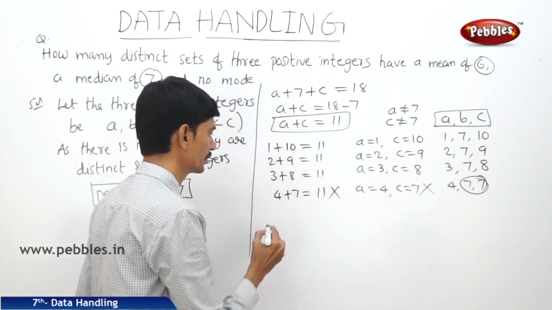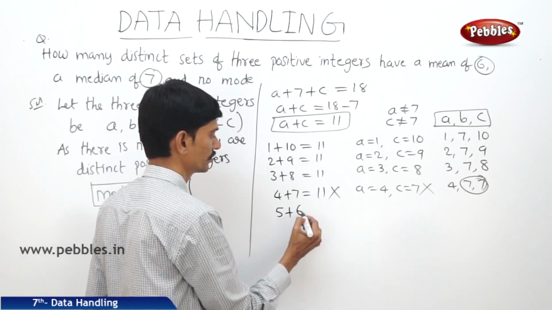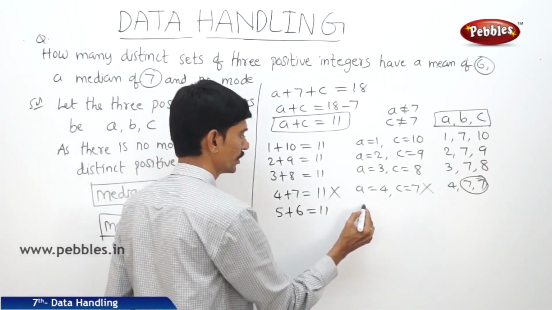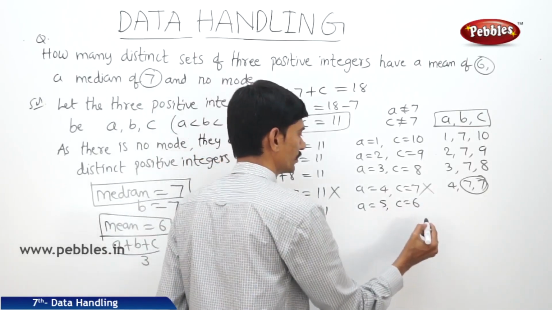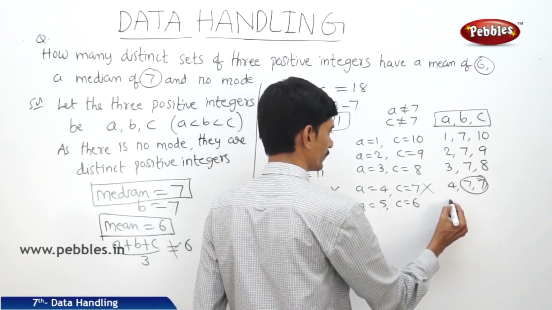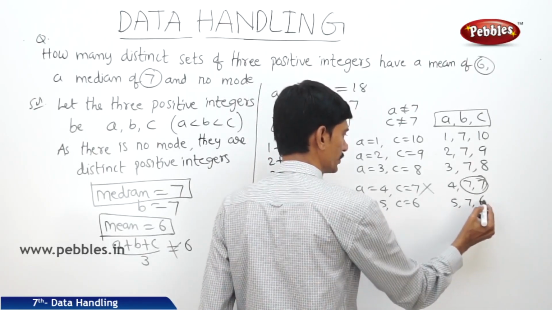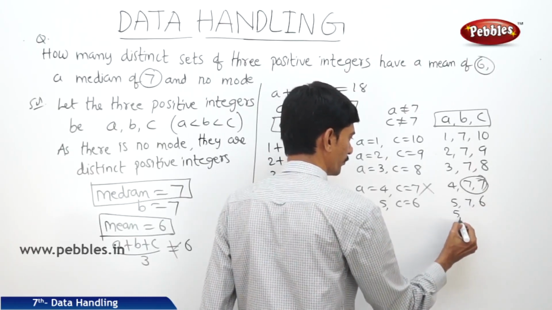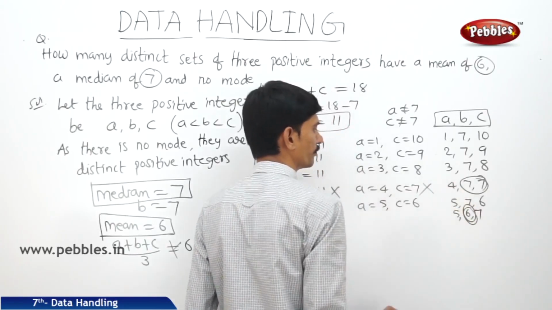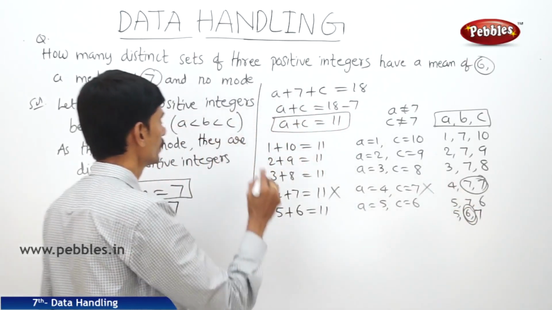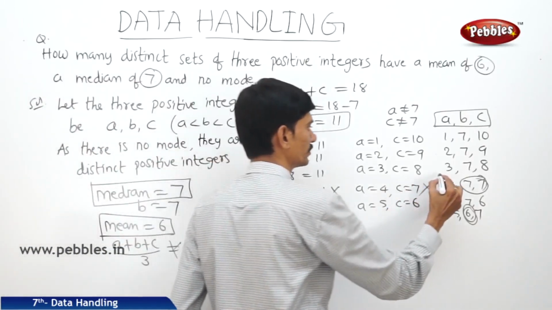Now the next case: 5 plus 6 equals 11, a value is 5, c value is 6, so we get 5, 7, 6. If you arrange in ascending order, 5, 6, 7, then 6 is the median, but according to the question the median is 7 itself. So we consider only these 3 cases.